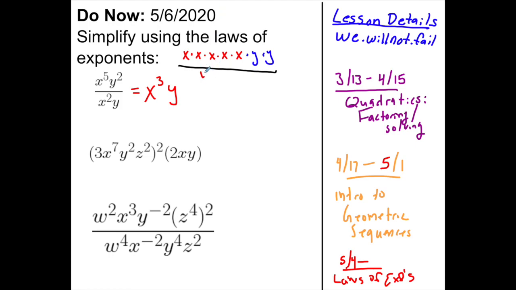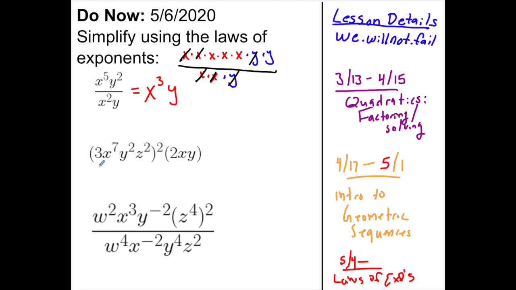Over x times x times y. If you think about it, you can cancel some of this because you're multiplying. So you can see that's where the idea of subtraction comes from. That leaves xxx on the top, x cubed, and 1y, which is y. So that's the idea there.